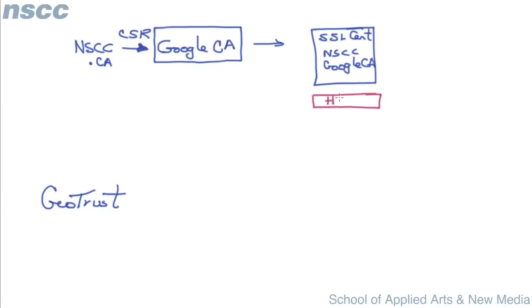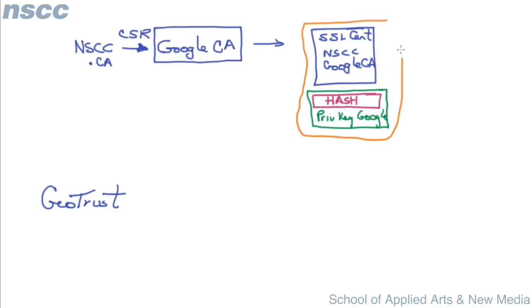It is going to make a hash of it, and it is going to sign that certificate with the private key of Google. And all this together is part of the SSL cert that is sent to NSCC, so that will be sent back.